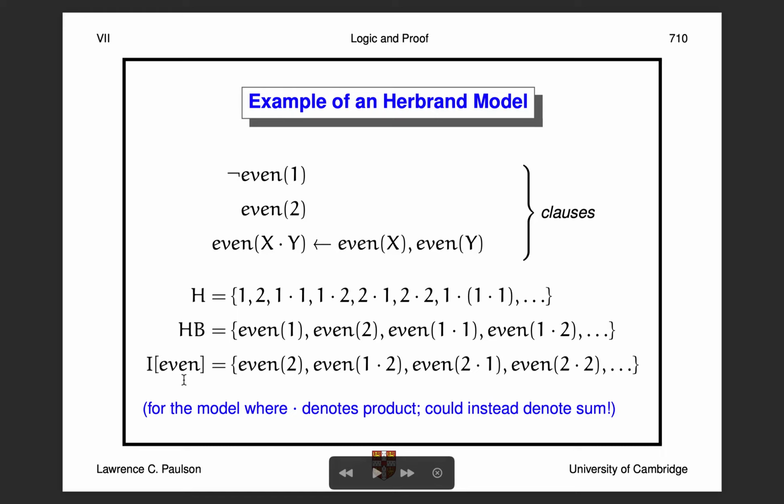So where dot stands for plus, this one here, even of 1 dot 2, that is 1 plus 2 equals 3, which is not even. So for the interpretation using addition, this particular occurrence here, even 1 dot 2, would not be included in the meaning of the even predicate.